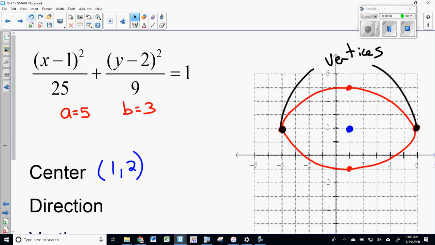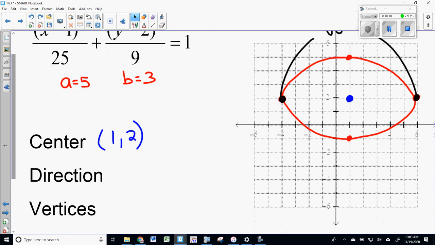Now, how do I find those vertices? I went from the center, and I went left and right, how far? Which is my what? A. So my vertices are 1 plus or minus 5, 2, which would be 1 plus 5, 2, which is 6, 1 minus 5, which is negative 4.